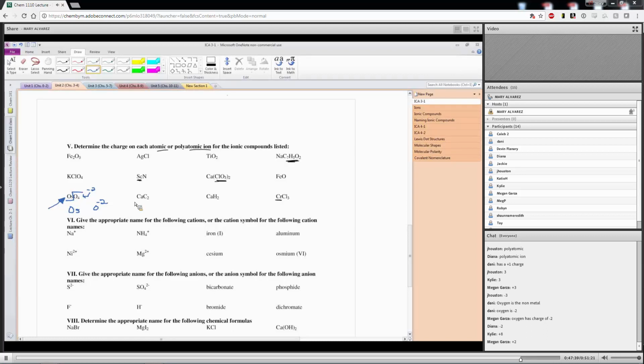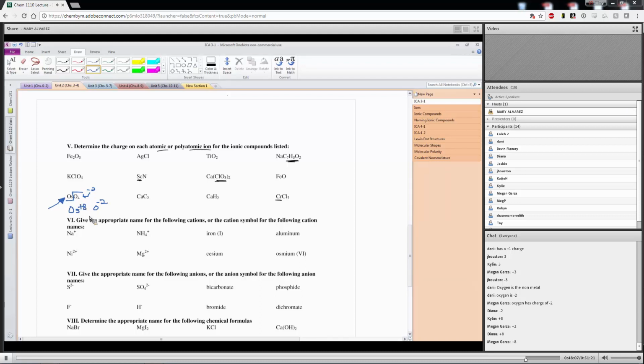Kylie says +8, Megan says +2. Anybody else want to chime in? The oxygen is -2, that's true. But there are 4 oxygen atoms. Diana agrees with Kylie, it's +8. Good for you guys, you're exactly right. +8 for osmium.